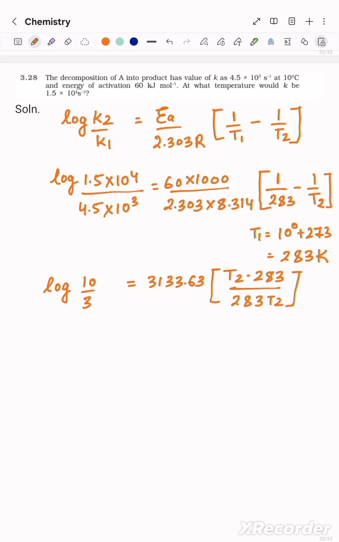Now here dividing this will become log 3.33 upon 3133.63 is equal to T2 minus 283 upon 283 T2.